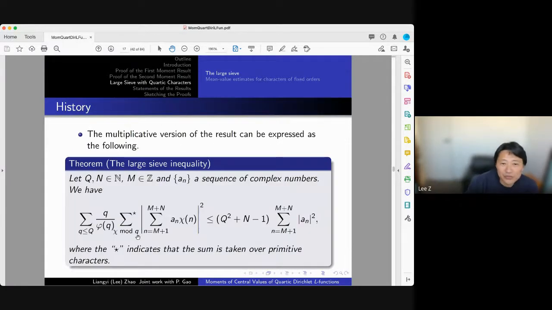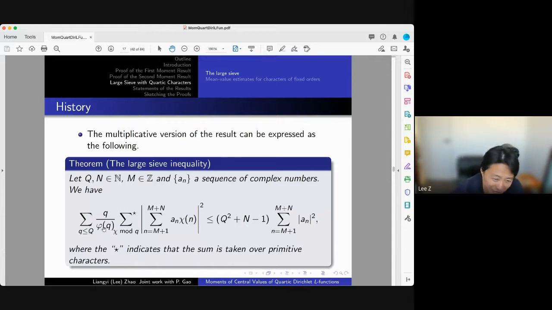And so the multiplicative version of the result can be expressed as the following. So that's the large sieve inequality for multiplicative characters. Again, a_n is a sequence of complex numbers, and chi is a character. So we have this average character sum twisted by these a_n. Then we average over the primitive characters mod q. Then we average over q.